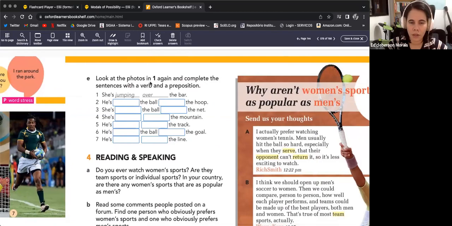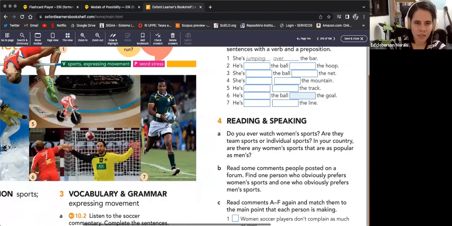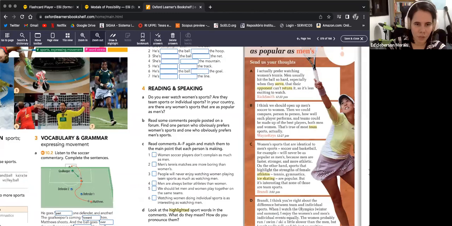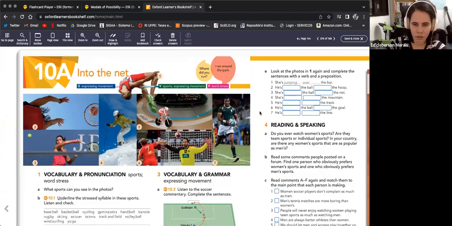And complete the sentences with the verb and the preposition. So it is these sports pictures here, okay? So the first one is, she's jumping over the bar. Okay, over the bar. What about number 2?